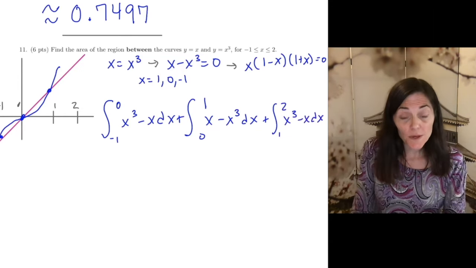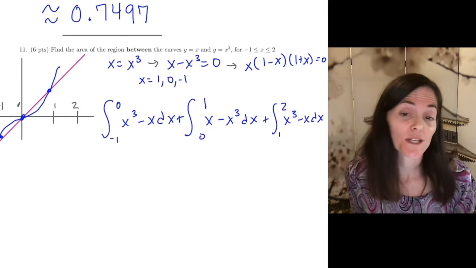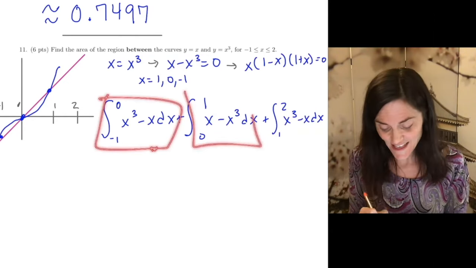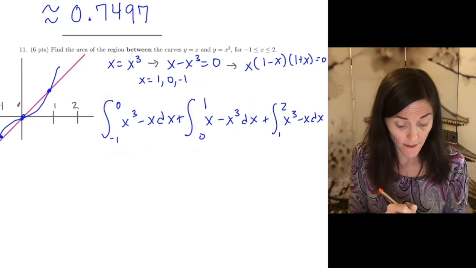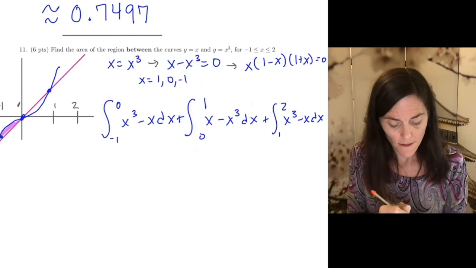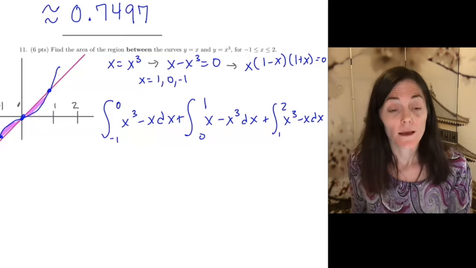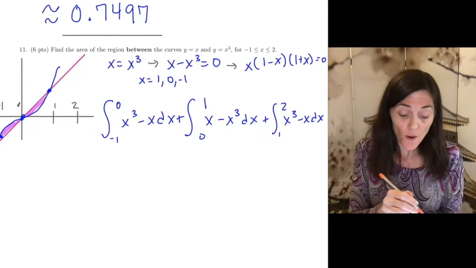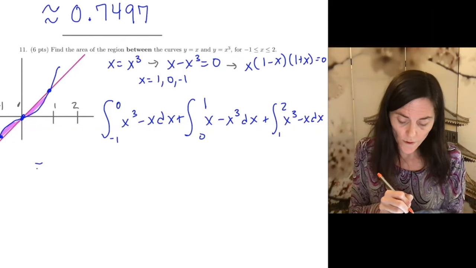Now, in this particular problem, there is symmetry here. So this area and this area, in the picture, it is here and here. It may not look it, but it is the same. We have symmetry. So it can save us just a little bit of work to do this.